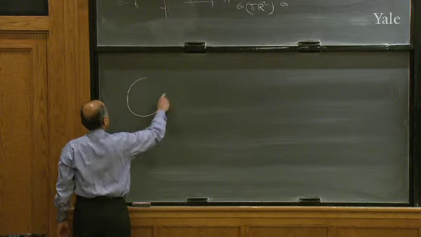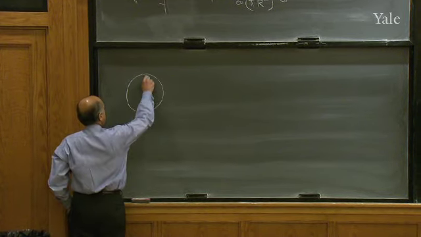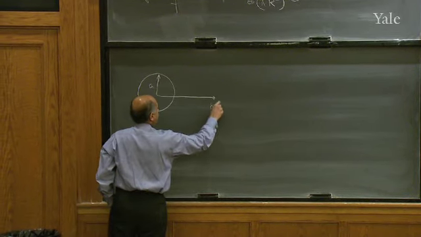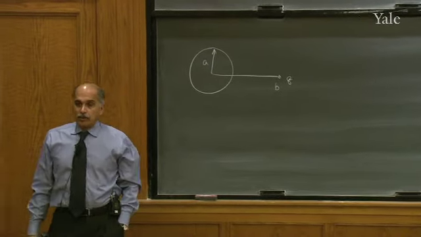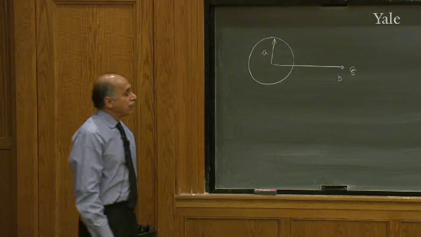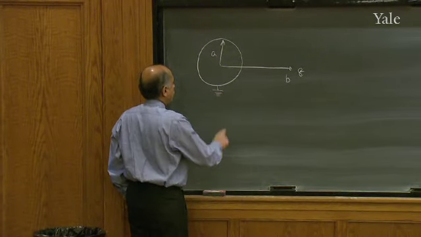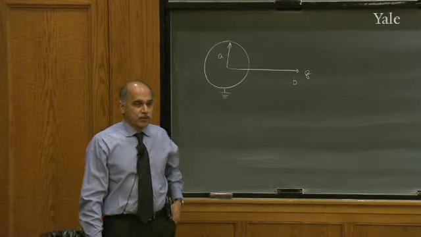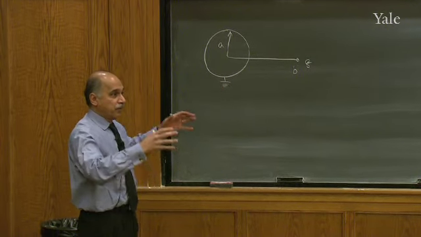I take a sphere of radius a, it's a conducting sphere, and at a distance b, I put a charge q. What will happen now? Again, let me say this is a grounded sphere, meaning it's connected to the Earth, it's maintained at 0 potential. So it's not very different from the plane, except you got a huge sphere now instead of an infinite plane, but it's finite.